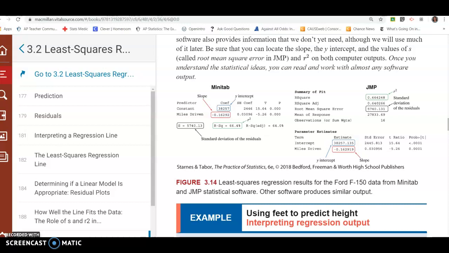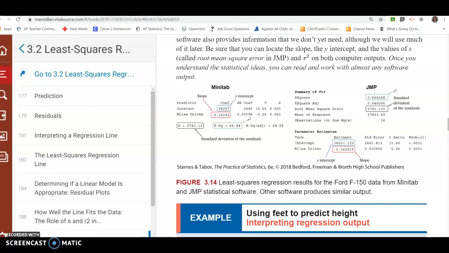And it's a T value whenever we're working with slope and analyzing it. And then the P value is the last column. So we would use that miles driven row in its entirety whenever we do inference procedures for slope. So the test or the confidence interval.